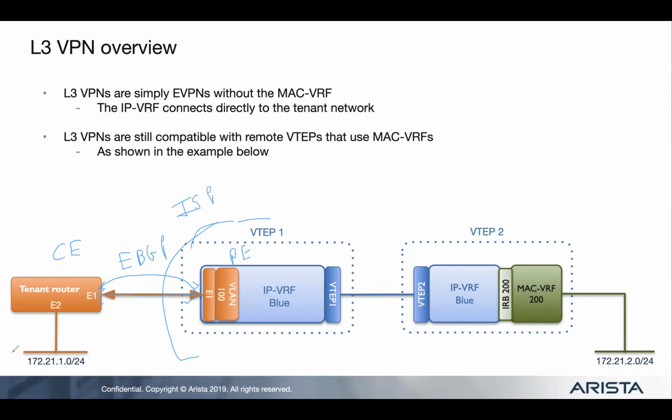And this is your local subnet, 172.21.1.0/24. So what you will do is advertise this subnet over eBGP to the PE device or VTEP 1. So in the routing table of VRF blue, this interface is in VRF blue, so in your VRF blue routing table you have this subnet.